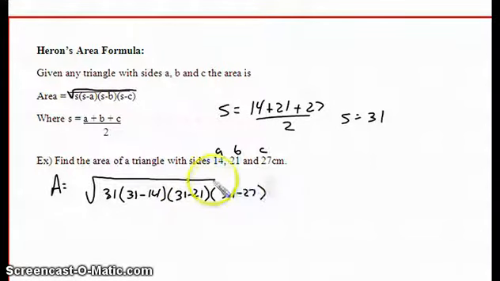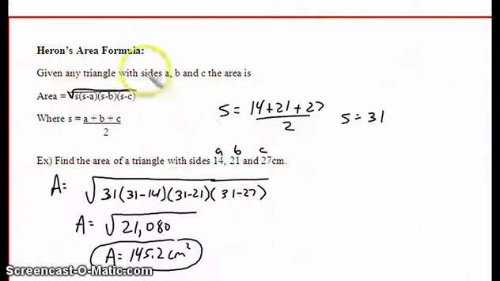So plugging this in, if I multiply all of this together without the square root first, I'm going to end up with 21,080. And when I take the square root of that, I end up with 145.2, and I was given units as centimeters squared.